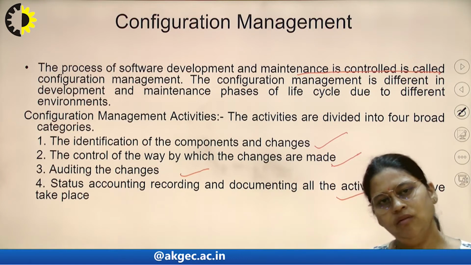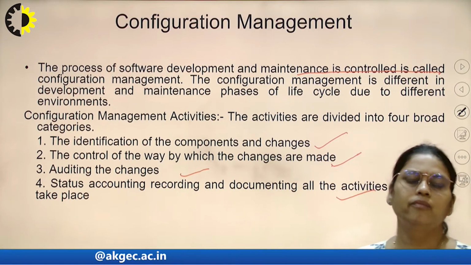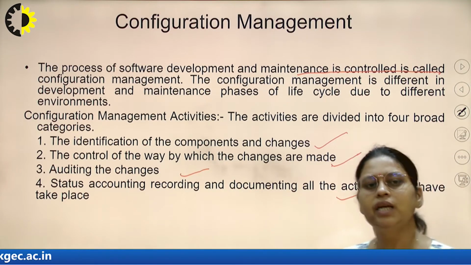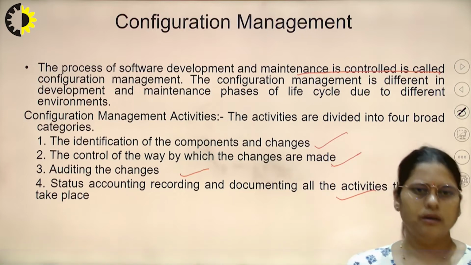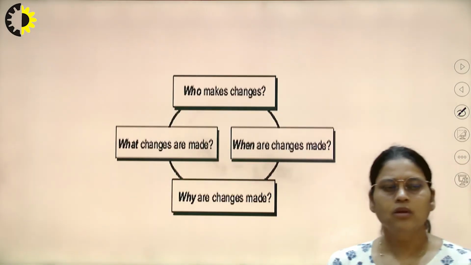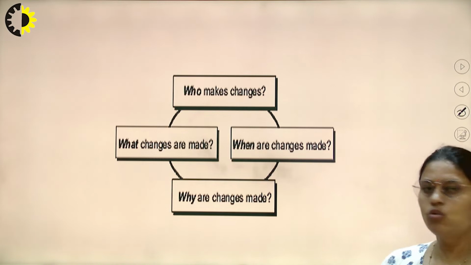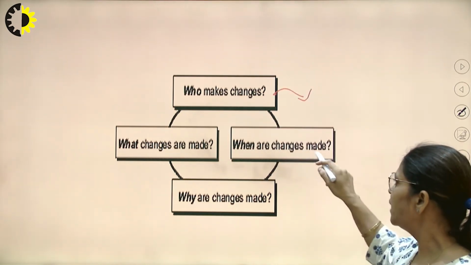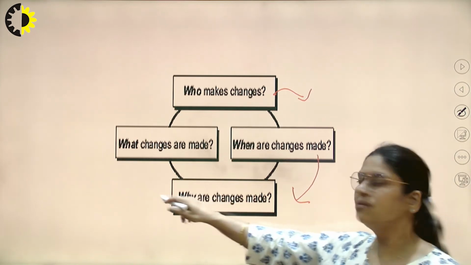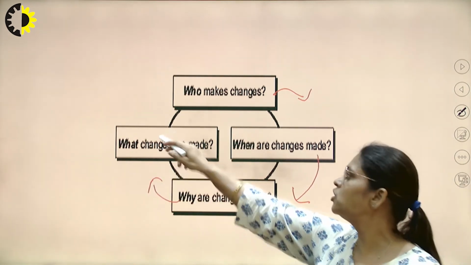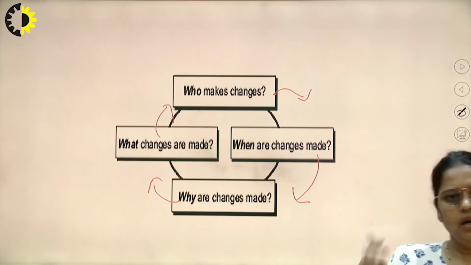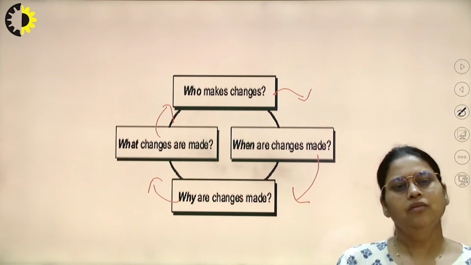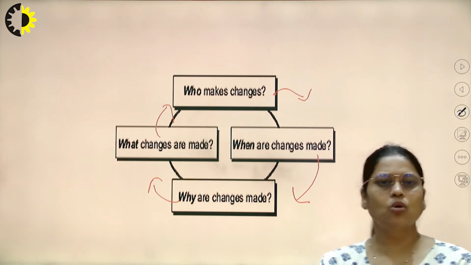In which particular phase we have done some changes, we have to maintain a proper record about that phase. The purpose of SCM is to know who is responsible for change, when the changes are made, why there is a need of changes, and what changes are required. So there is a proper cycle of SCM that we have to control and manage.